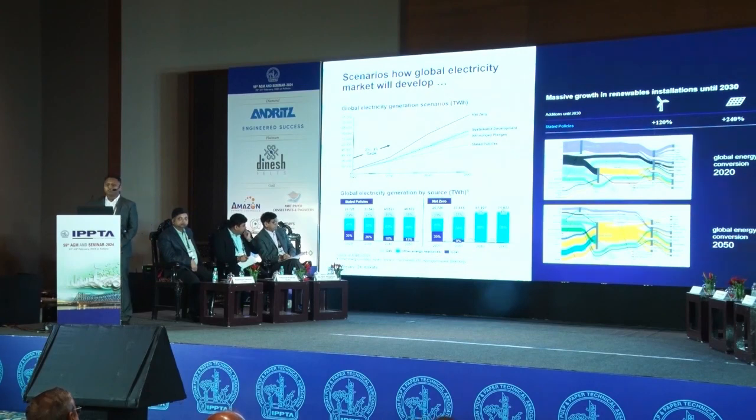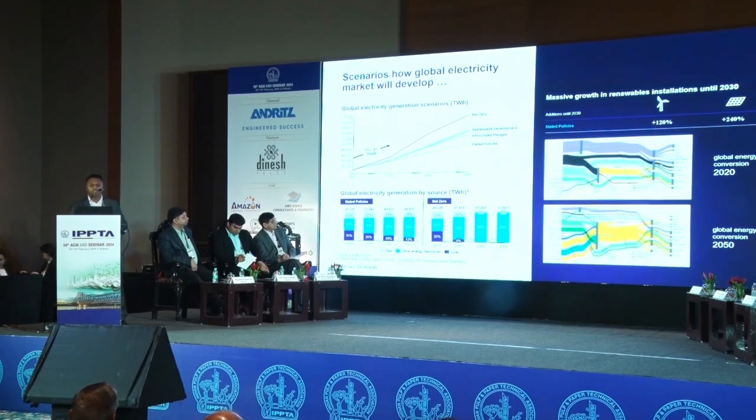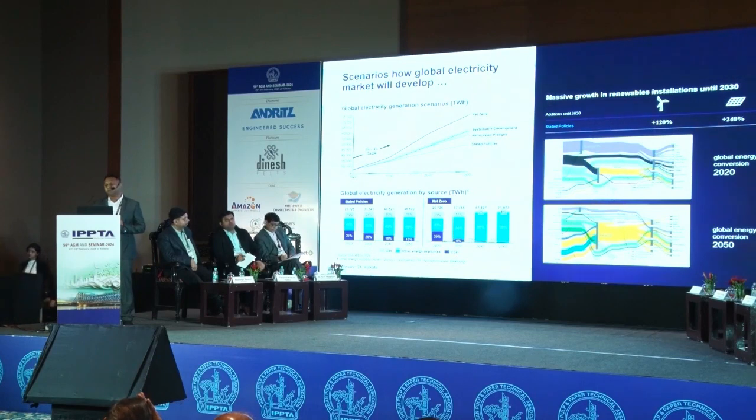In this growth by 2030, for wind energy, to achieve the stated policy targets, the wind installation should grow by around 120%, and for net zero, it should grow by around 250%, double of what is needed to achieve the stated policy targets.